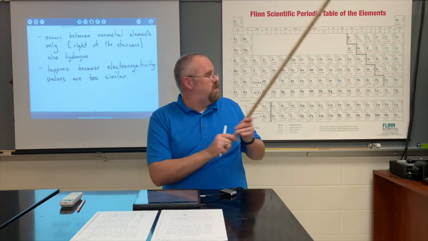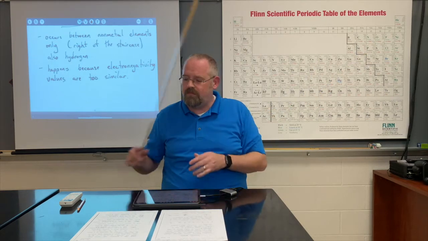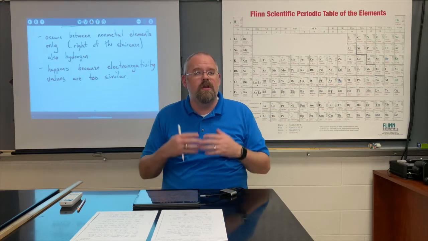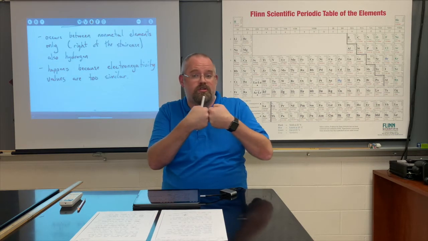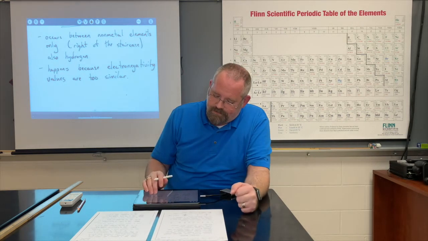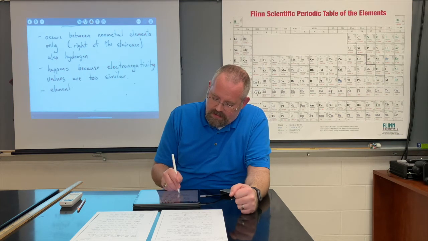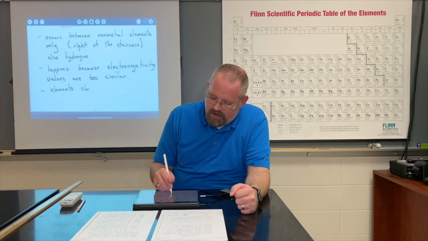But elements that are beside each other on the periodic table, like say nitrogen and oxygen, well, their electronegativity values are very, very close. And it's kind of like a tug of war with an evenly matched team. Nobody's strong enough to steal the other's electron. So what they're going to do is share electrons.